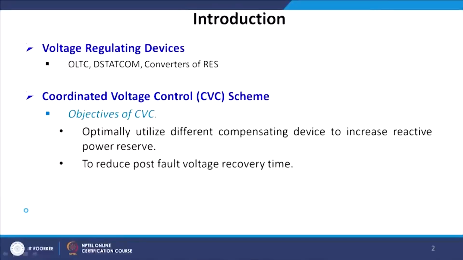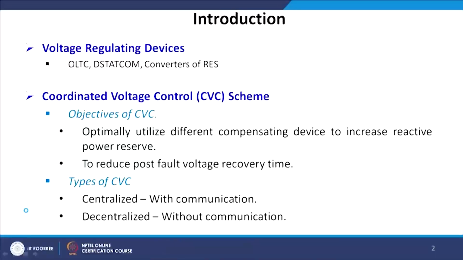Meantime, we can also achieve that the post fault voltage recovery time can be reduced as soon as possible with the help of CVC scheme. Now, there are two major types of CVC, one is decentralized and the other one is centralized. Centralized where we have a communication system in place, decentralized where we do not have any communication among the devices.